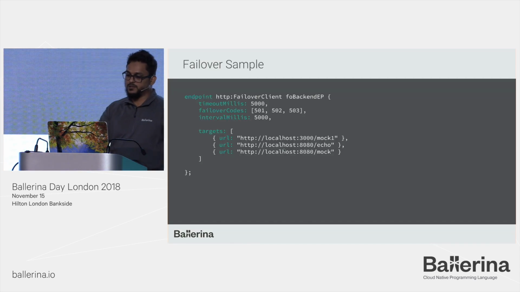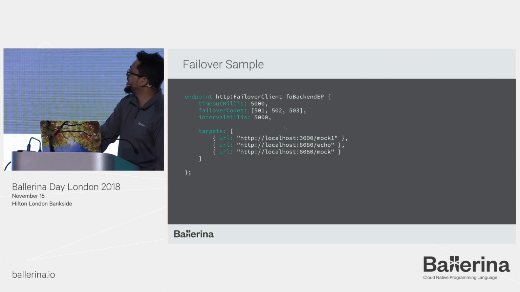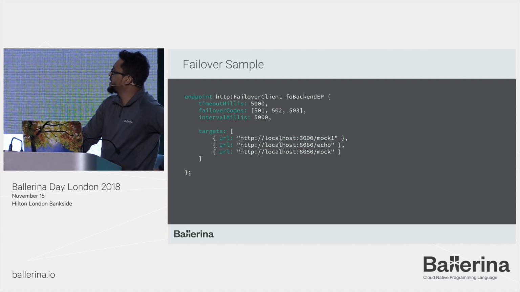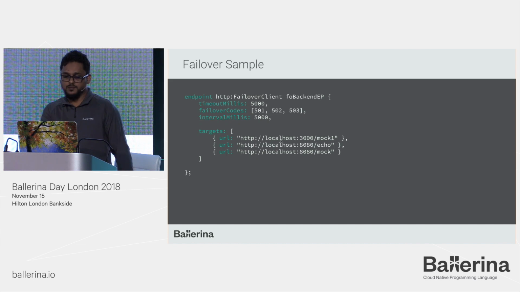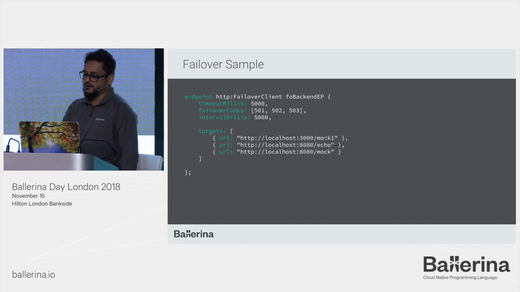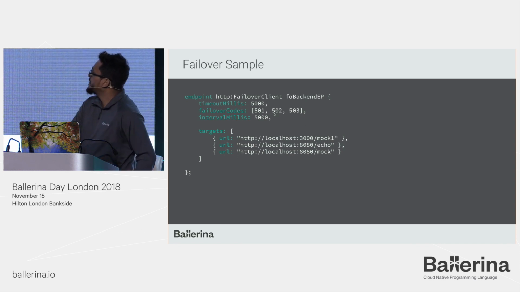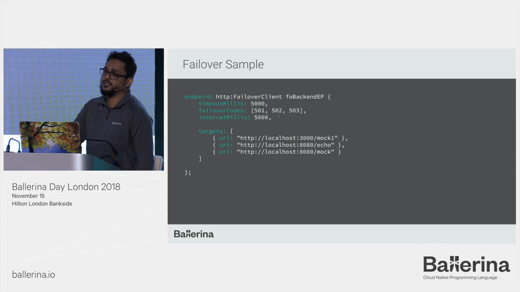In the failover sample, this is the important bit. We give a set of target URLs, right? We have a mock1, echo, mock. There can be a bunch of target URLs. And what we are specifying here is based on these codes, right? These are the HTTP response codes, because this is an HTTP client.